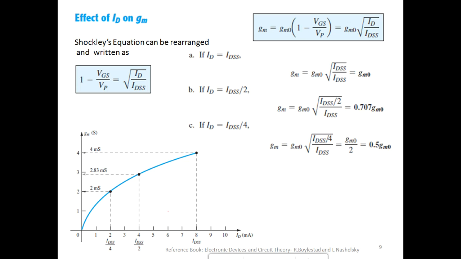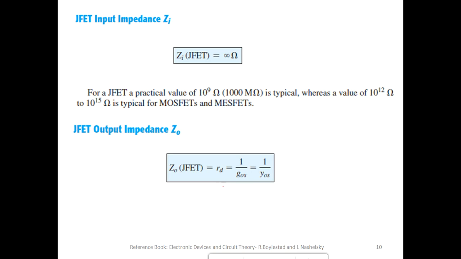Further, the effect of drain current ID on the transconductance parameter: since there is a square root dependence, when we plot it we observe that GM varies quadratically. It's not a linear one, it's a quadratic variation with respect to the drain current ID.